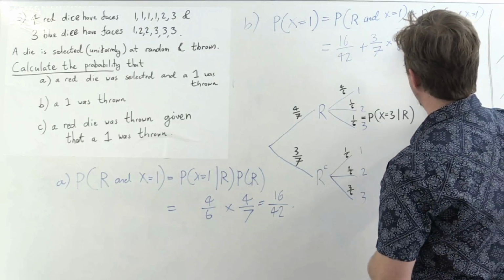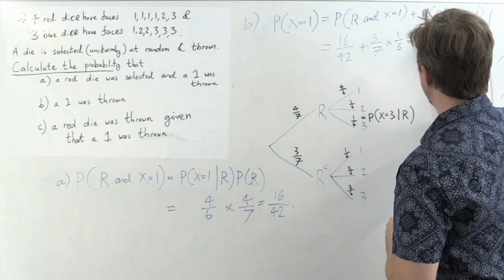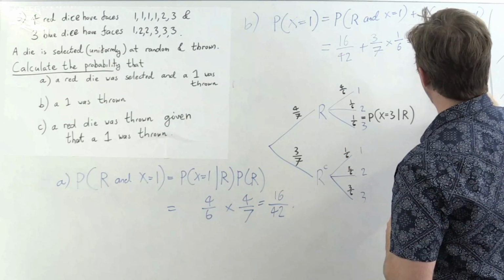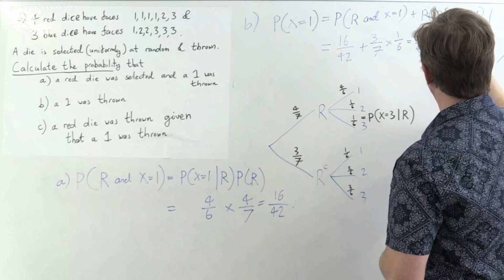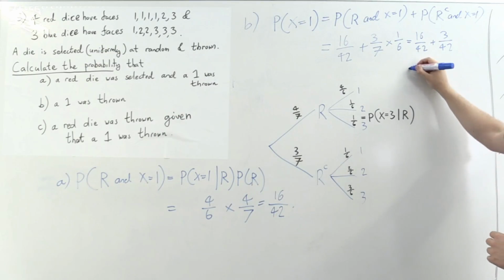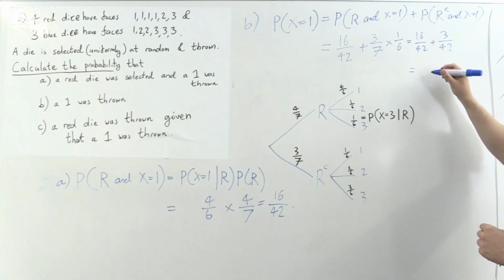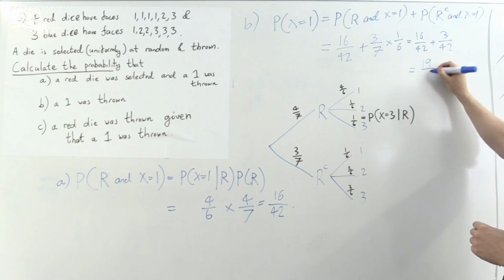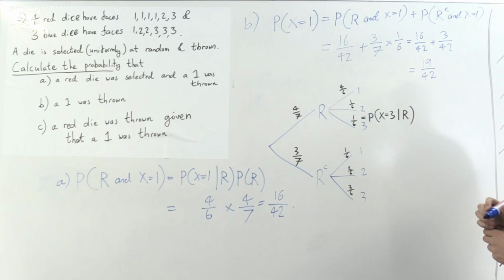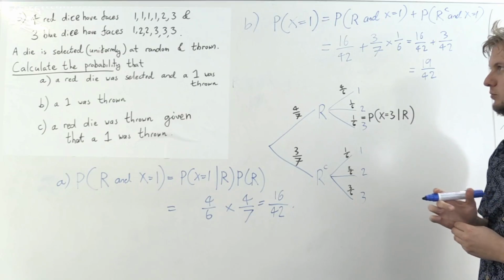And here's where it's nice that I didn't simplify, because now it's 16 over 42 plus 3 over 42. So the answer to this question is 19 over 42. I think 19 is prime, so that's as simple as it gets. So 1s do turn up fairly frequently. 19 out of 42 is not a small proportion.